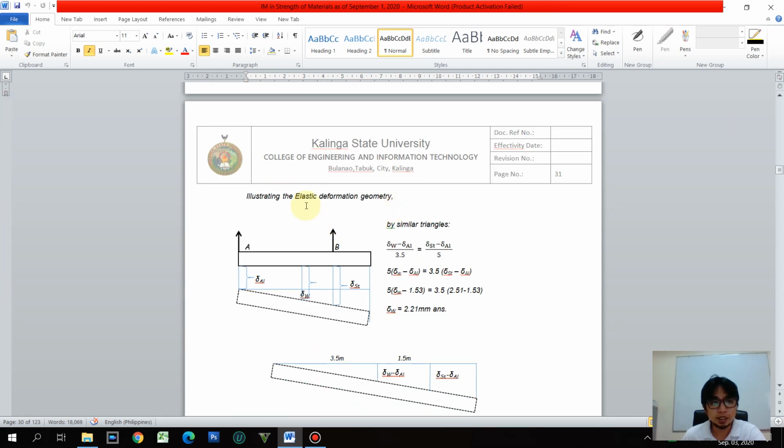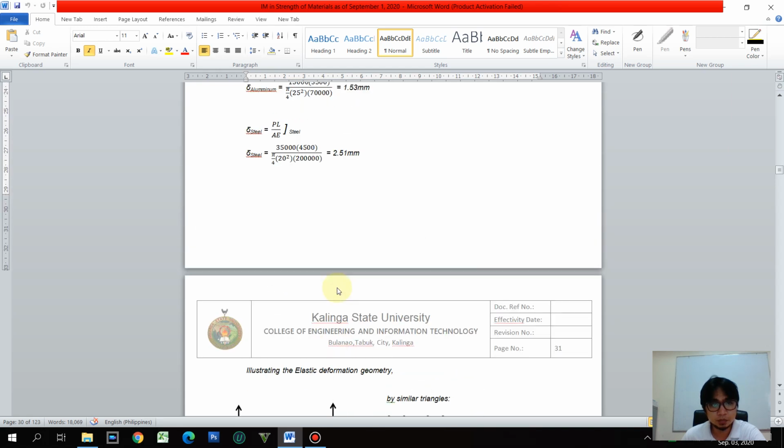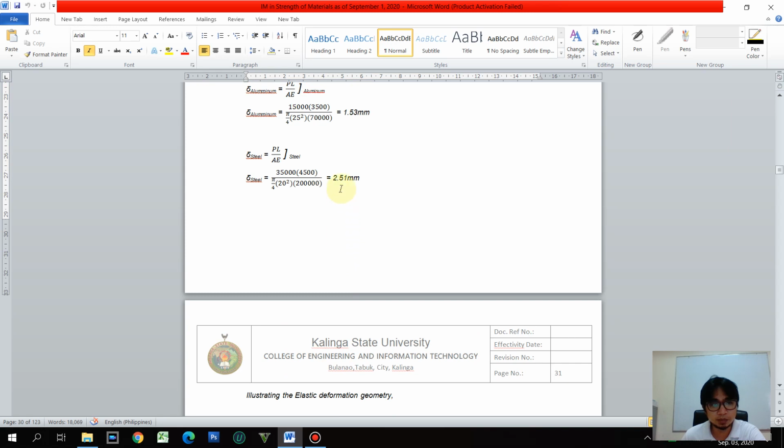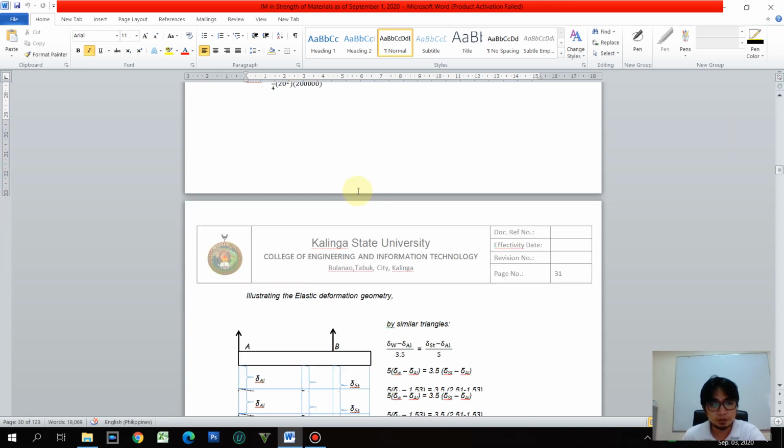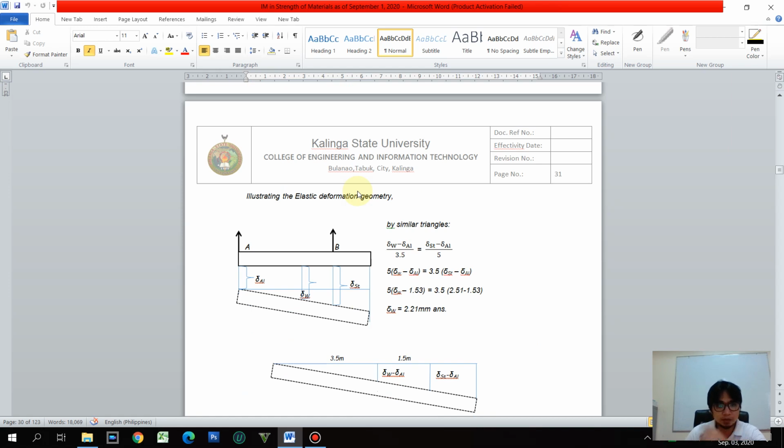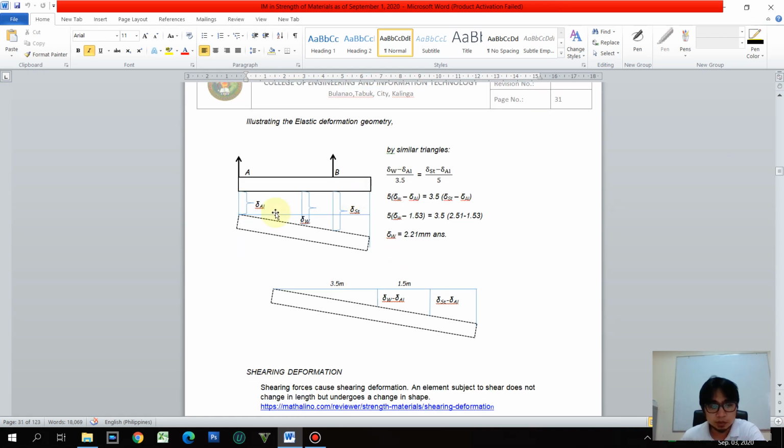Illustrating the elastic deformation geometry, this is the stretch of aluminum as well as the stretch of the steel. The stretch of steel is greater than that of aluminum. So we can form here a right triangle.